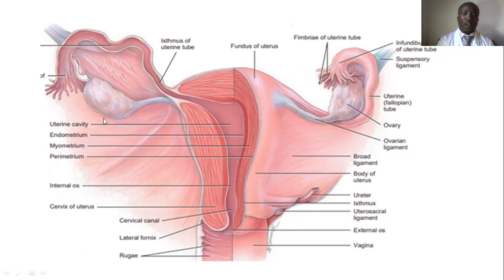Outside the uterus, this region is what we call the broad ligament. The perimetrium is made up of the serosa. The serosa is a membrane or a sheath or a roof which is covering the uterus.